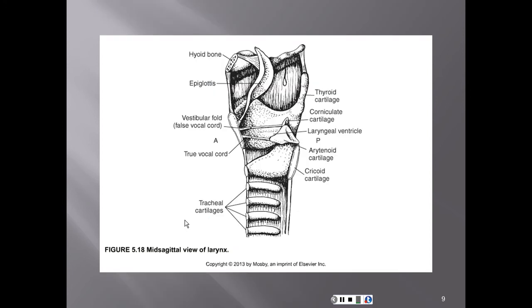Okay, this is an illustration of the larynx. What's important here is to identify the cricoid cartilage right there. The cricoid cartilage, you can palpate that. And the epiglottis, illustration of the epiglottis that flips down, and the arytenoid cartilage right there.